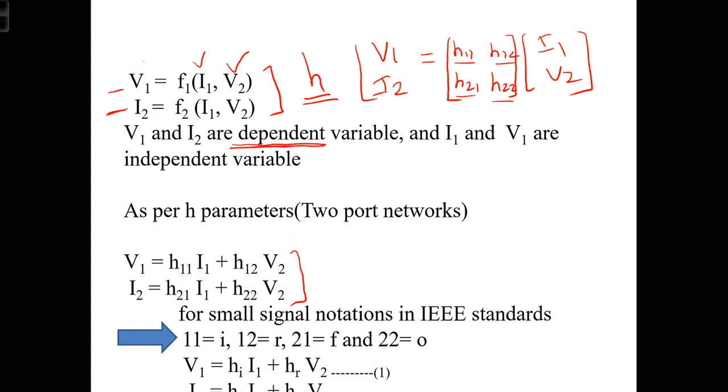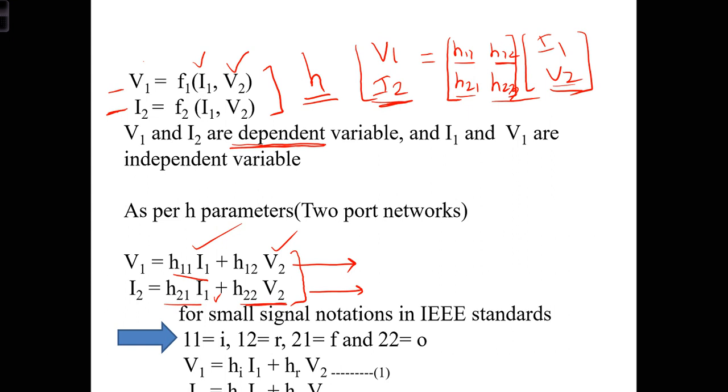The first two basic equations we got are these: V1 equals H11 into I1 plus H12 into V2, and I2 equals H21 into I1 plus H22 into V2. That's all. It's very easy, very simple. What you need to remember is the H model.